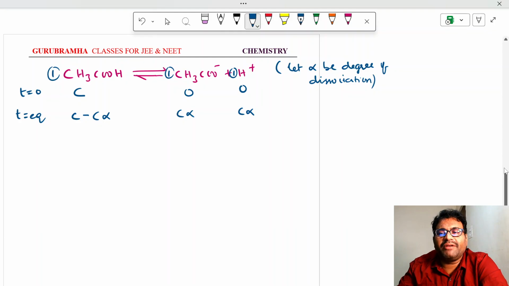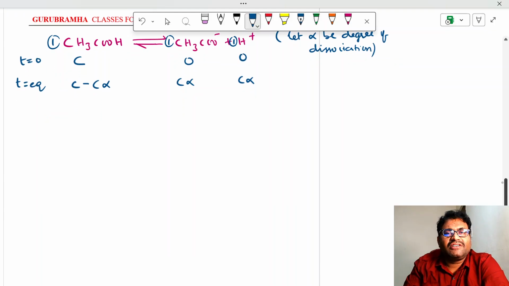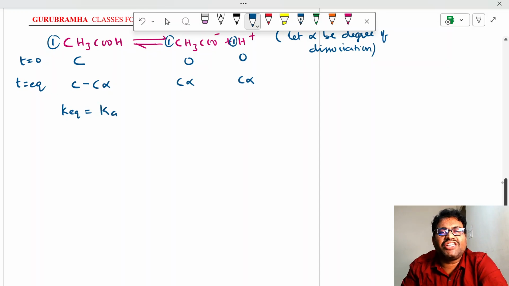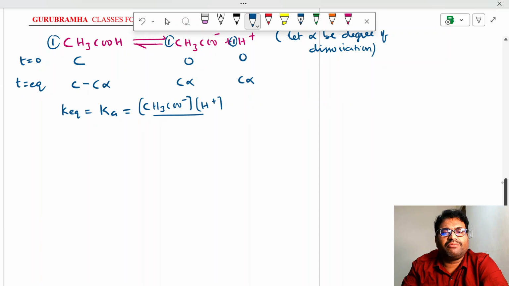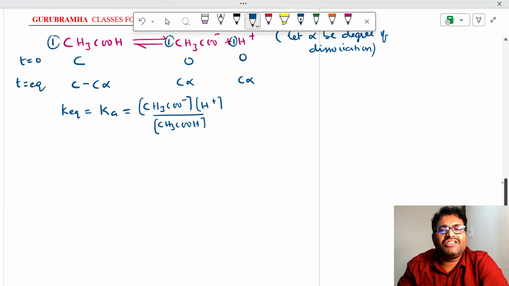Then if you write the equilibrium constant for this reversible reaction at equilibrium, it is called Ka, the dissociation constant of an acid, because it is for a weak acid. Ka is equal to CH3COO minus concentration into H plus ion concentration by CH3COOH concentration, all at equilibrium.